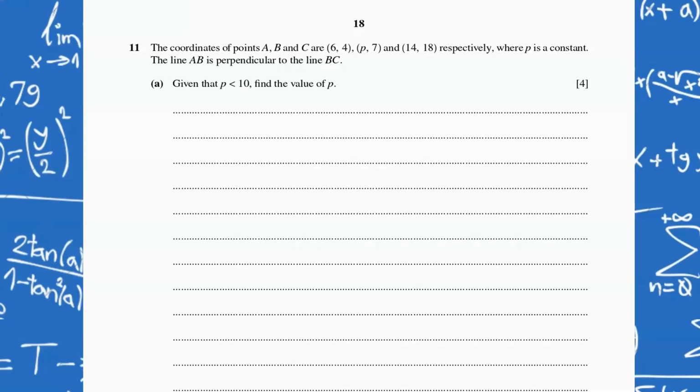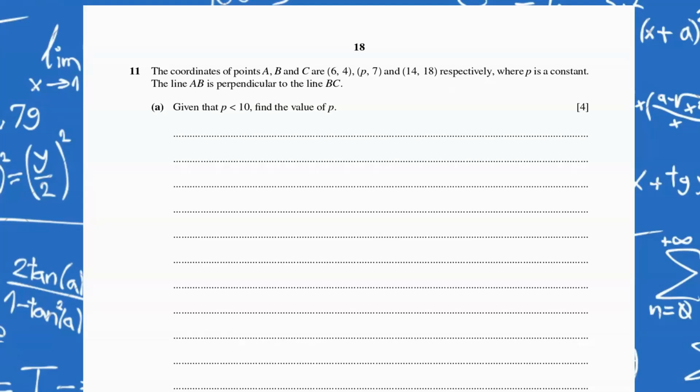So on part A, given that P is less than 10, find the value of P. So here we have 3 points, and A, B, and C are such that AB is perpendicular to BC, as we have been told. Now A has coordinates from what we've been given, (6, 4), B is (P, 7), and C is (14, 18).